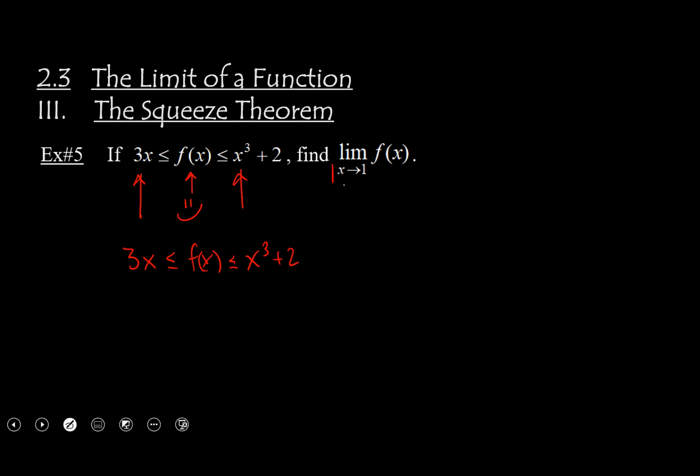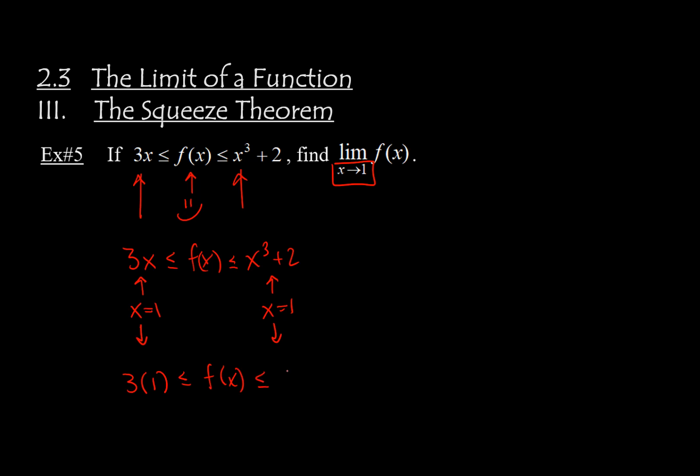If you need to find the limit when x approaches 1, what you want to do is plug in x equals 1 for each of these functions. So you'll get 3 times 1 on one side and 1 cubed plus 2 on the other.